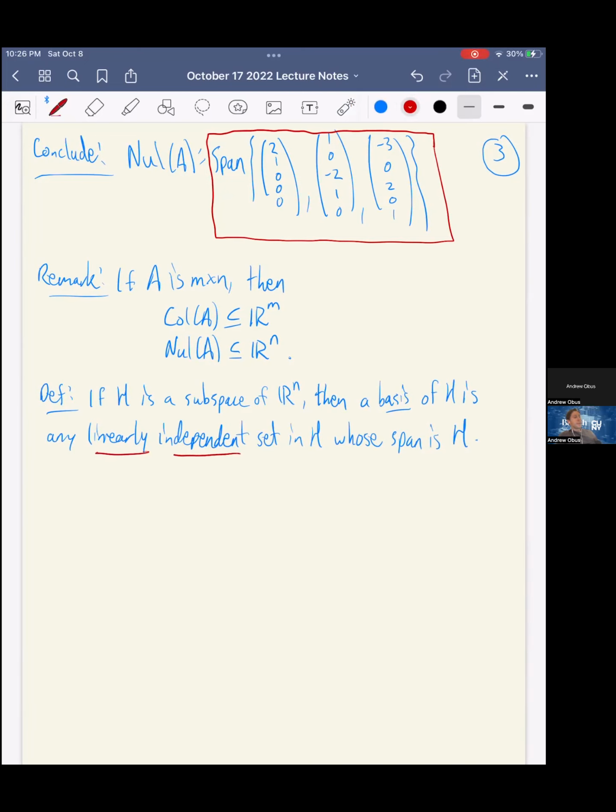It needs to be linearly independent inside H, and the span of it also needs to be all of H.